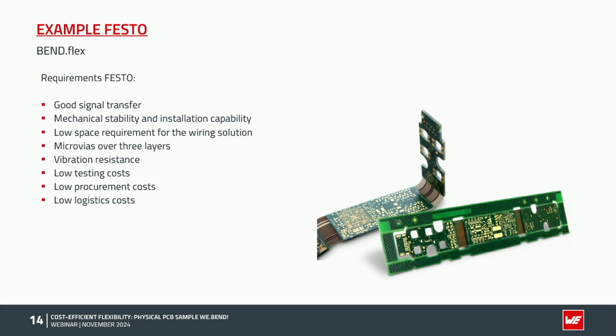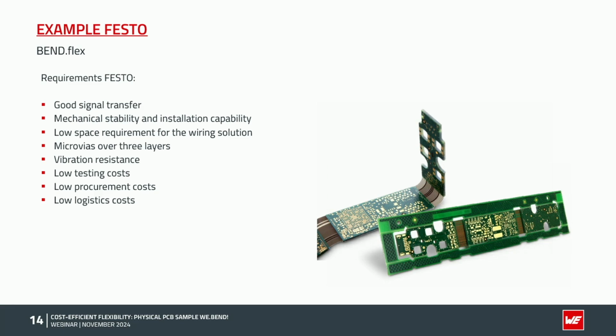Another big requirement of Festo was the mechanical stability for the installation. We will see on the next slide how it will be installed. They had low space, so that's why they did not want to have a wiring solution.